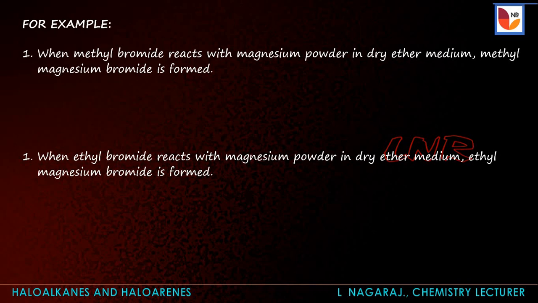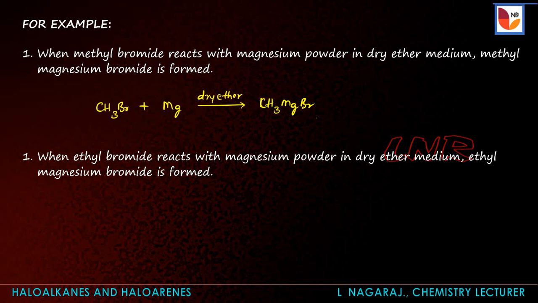For example, let us take R as methyl group, that is methyl bromide. It reacts with magnesium powder in the presence of dry ether, so the obtained organometallic compound is CH3MgBr. So it is called methyl magnesium bromide.